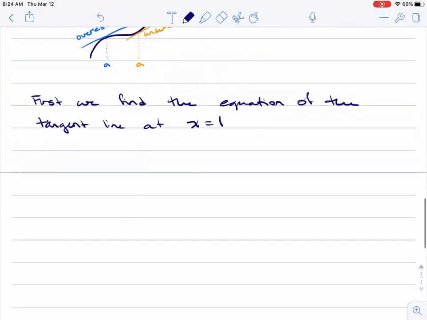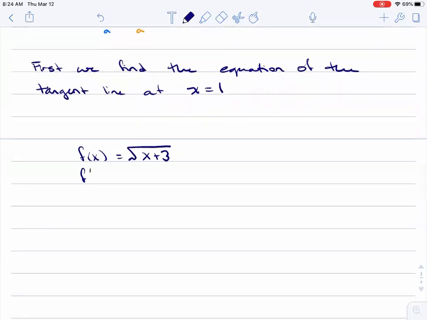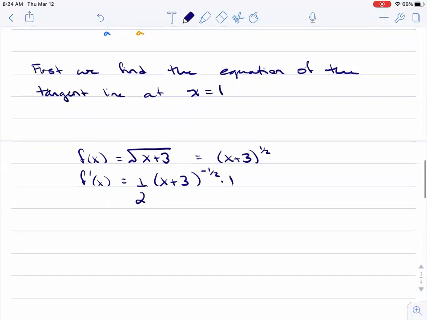And so if f of x is the root of x plus 3, then f prime of x is going to be, well, I can rewrite this as x plus 3 to the power of 1/2. So then I get 1/2 times x plus 3 to the negative 1/2, technically times 1, because I have to use the chain rule.